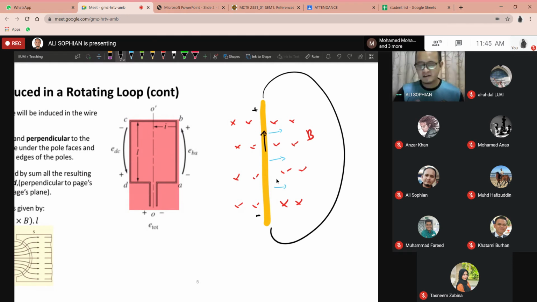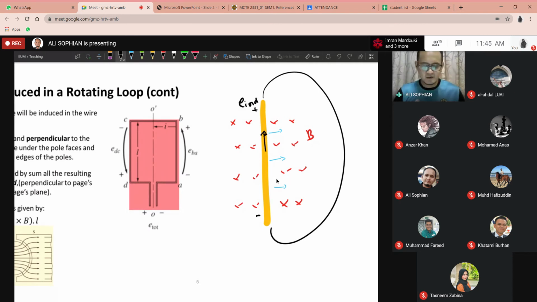I'm not sure about the direction; you can check with Fleming's right hand rule to determine it, but I'm just drawing this for illustration, to refresh our minds on what we learned in the previous lesson. So this is what happens when this piece of wire is moved across this magnetic field: voltage will be induced.